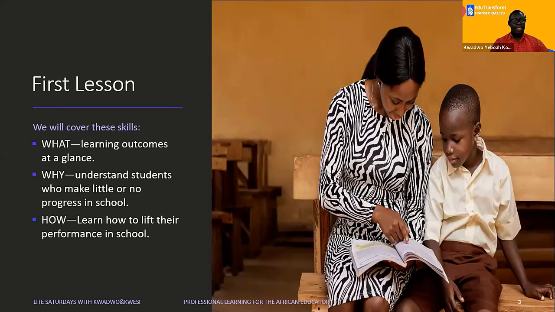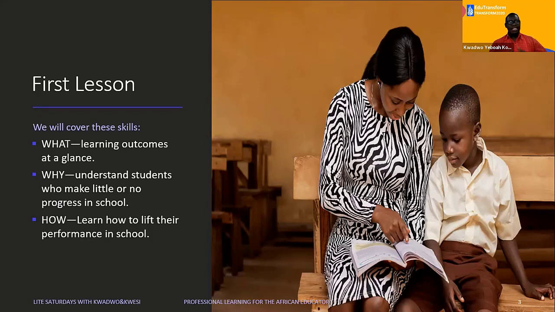We want to understand students and why they make little or no progress. And then also we want to learn how to lift students' performances in our schools. So this is what we're going to be focusing on in this very first episode of this series.